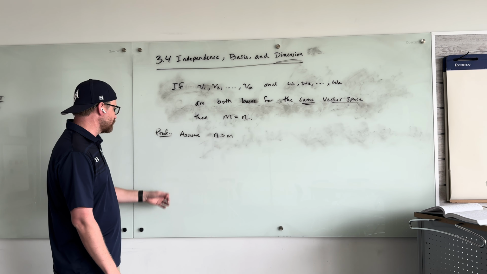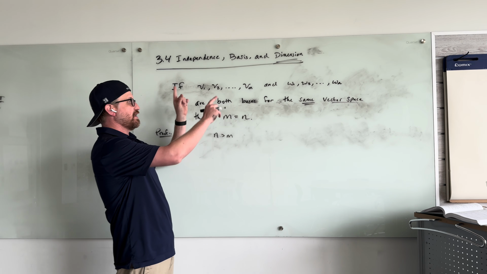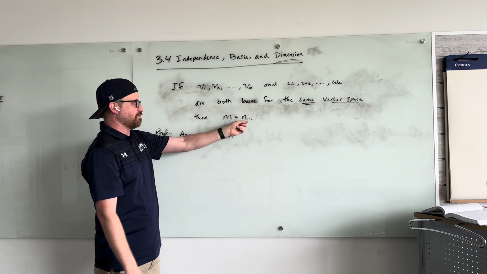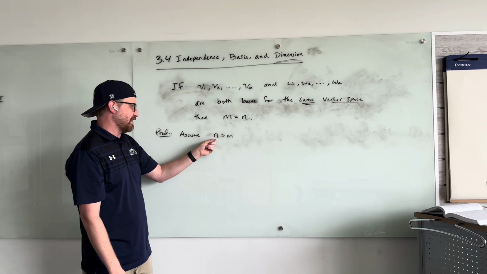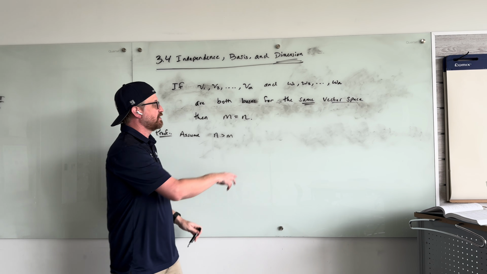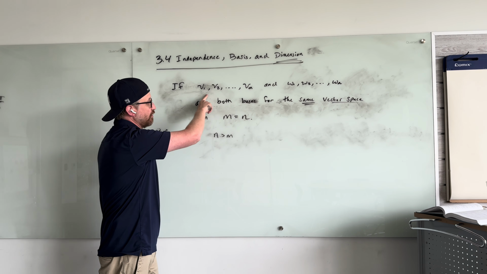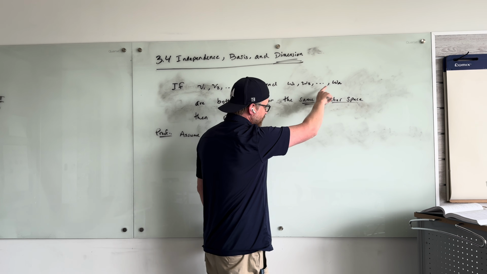So we assume that these two bases are bases for the same vector space, but that m isn't equal to n, that n is greater than m. In other words, there are more vectors in the W basis than in the V basis.